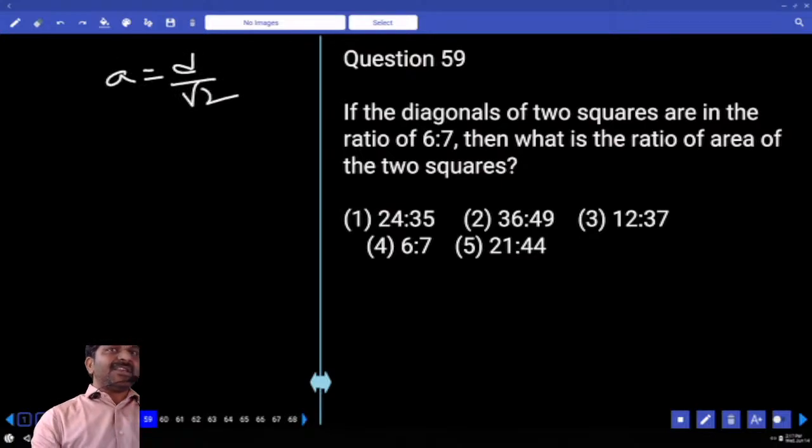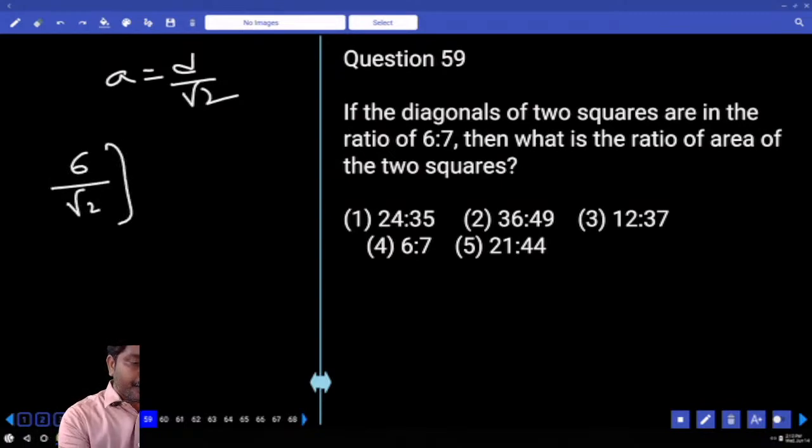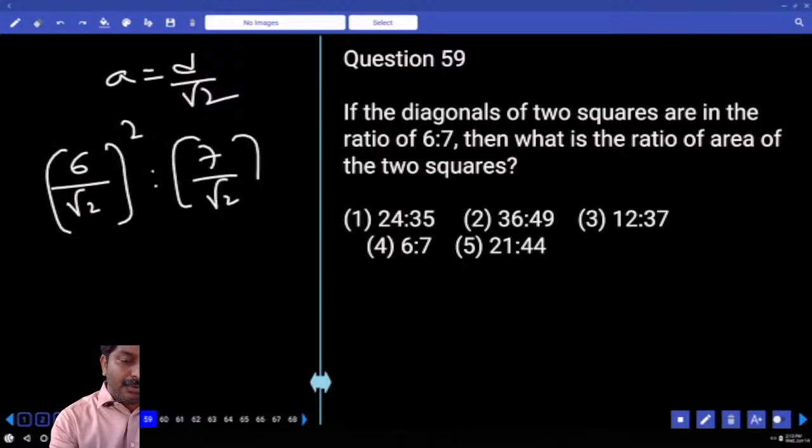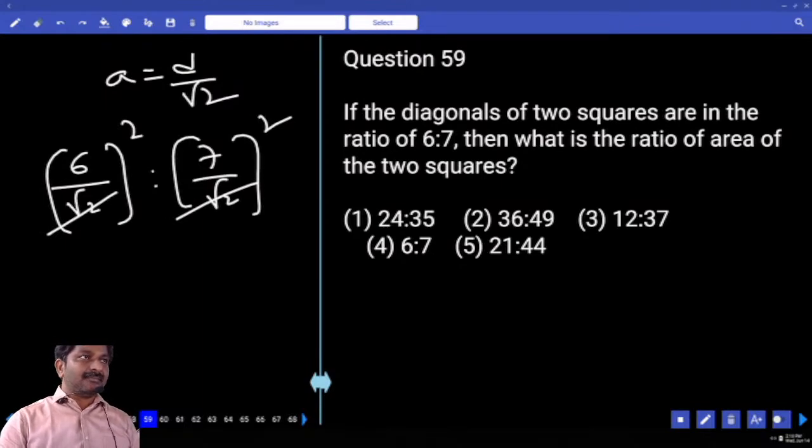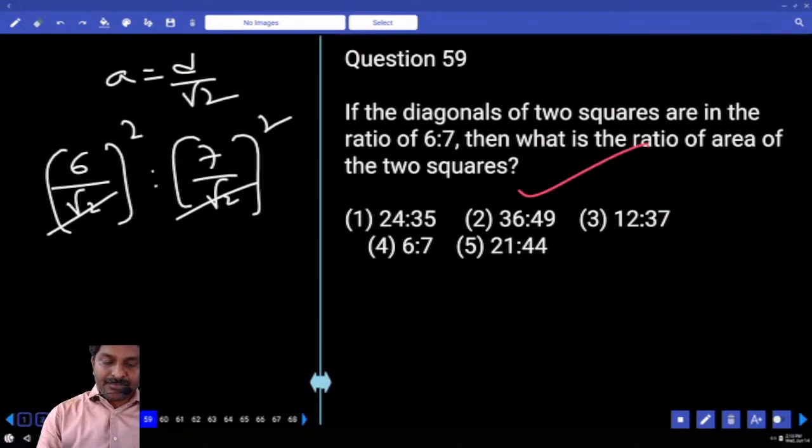Area of a square is a squared. That means 6 by root 2 whole square, 7 by root 2 whole square. Diagonals were given, right? Root 2 gets cancelled. 6 square : 7 square is going to be our final answer. Answer: 36:49.